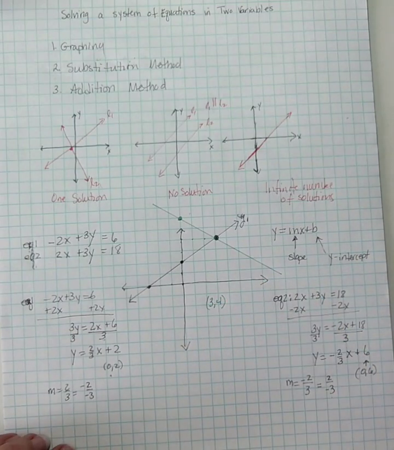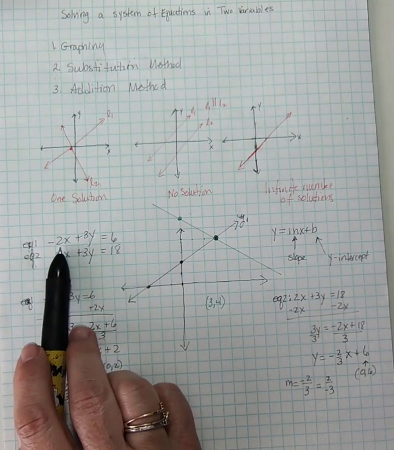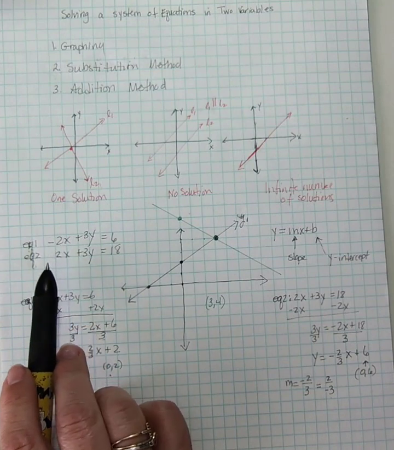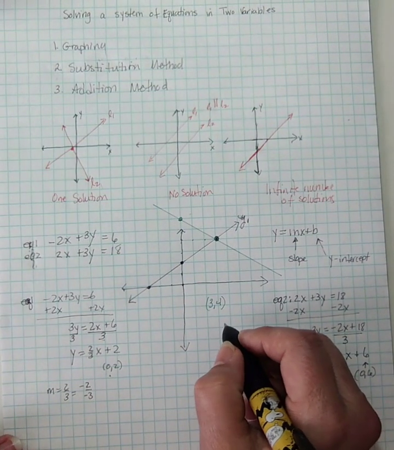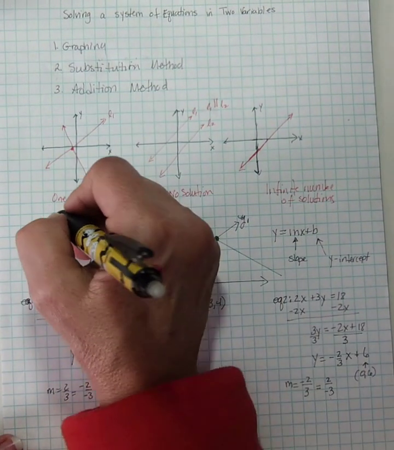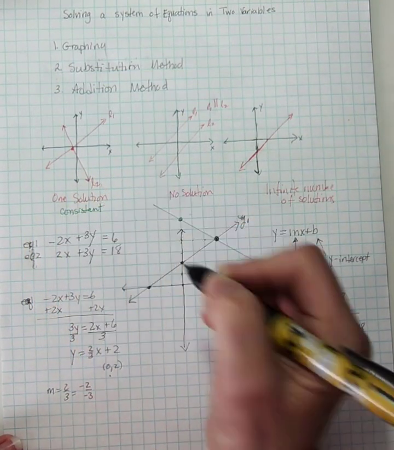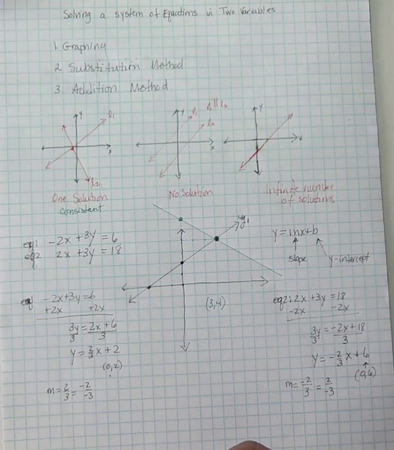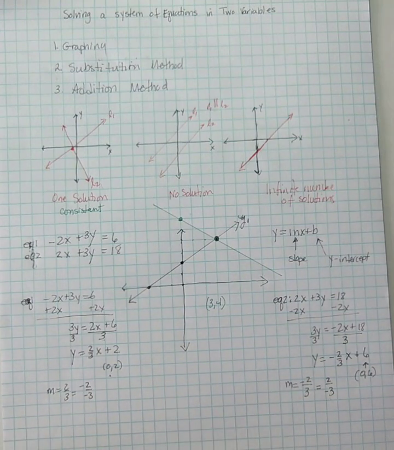So the point 3, 4 is what solves my equations. In other words, it's a point that solves both equation 1, that is, makes it true, and equation 2, that is, their point of intersection. If it has only one point of intersection, we call it consistent. So it has one solution, so it's consistent. And I can give you that point of intersection.